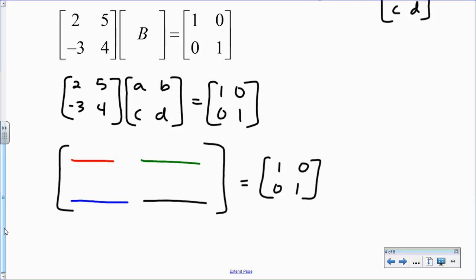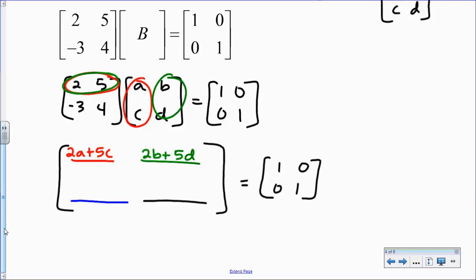Let me get you started. First row, first column: 2 times A plus 5 times C. Then first row, second column: 2 times B plus 5 times D.